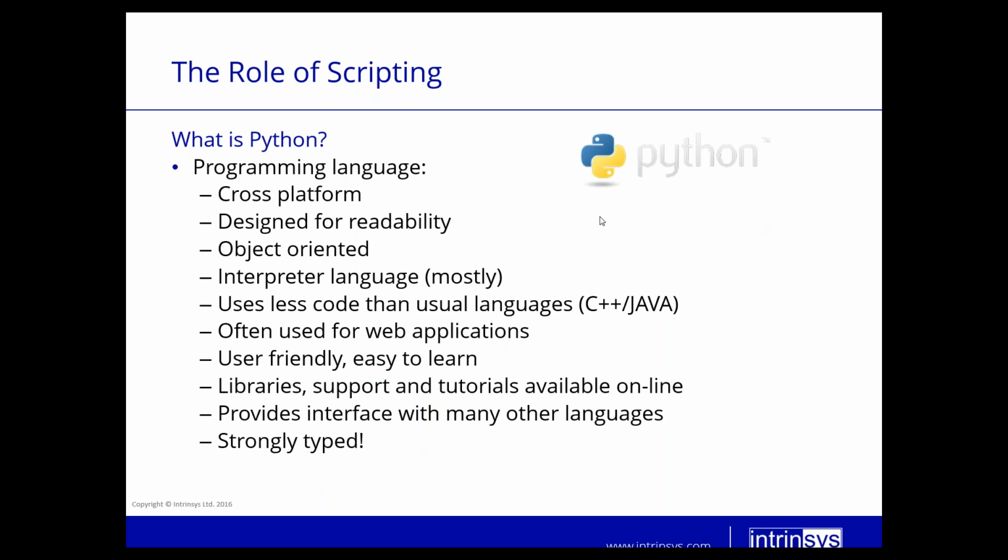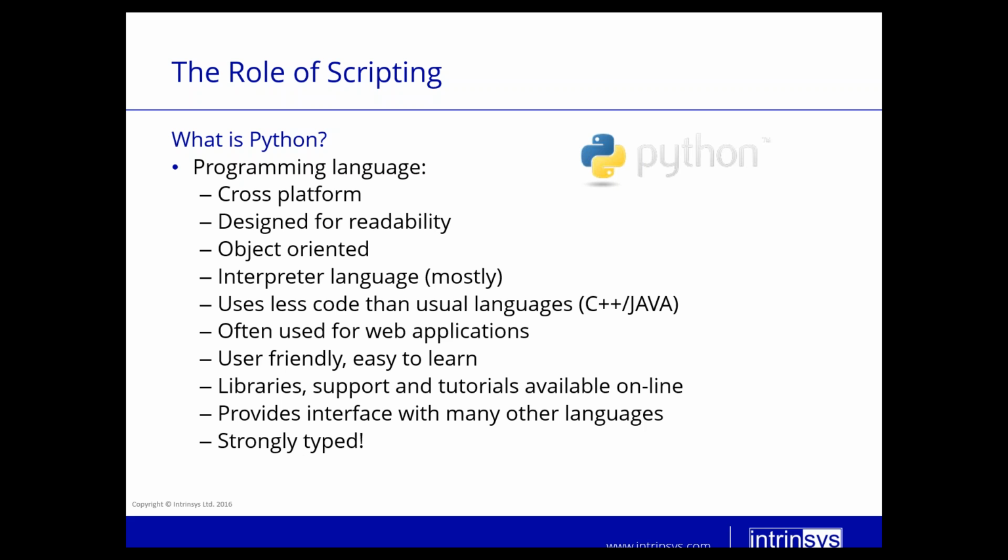So what is Python? Basically Python is a programming language. It has many benefits. For example, it is cross-platform compatible, so you can use the same code on Windows, on Linux, on Mac. Also, Python is designed for readability, so once you get used to it and get some experience, you should be able to read these codes much faster than usual generic codes.